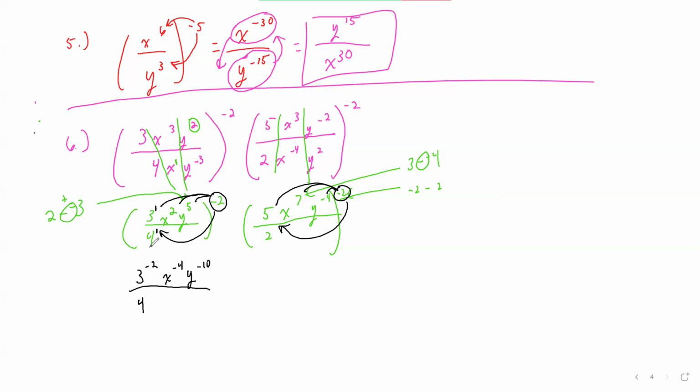Yeah, it could be over 4 to the negative 2. You're good? Nope. So this one, we would apply it to the exponent, not actually add them yet. We haven't done anything there yet.